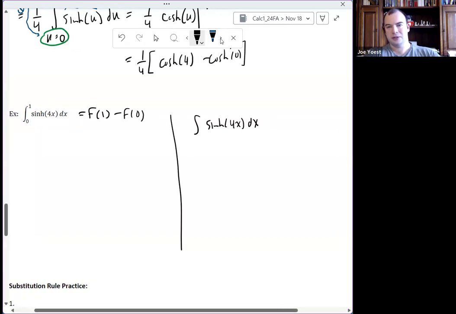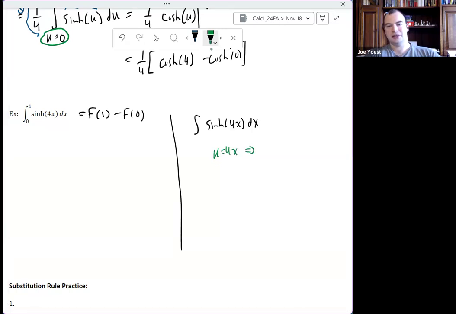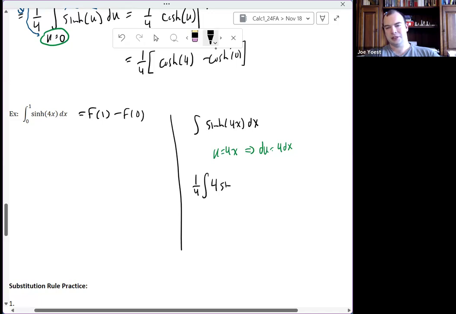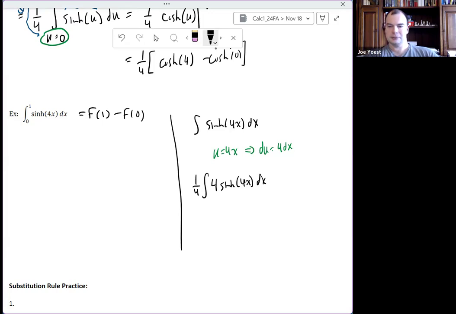Well, here I can do substitution. U equals 4x. Du is 4 dx. So I have 1/4 integral of 4 sinh 4x dx. My sinh of 4x turns into sinh of u. My 4 dx turns into du.